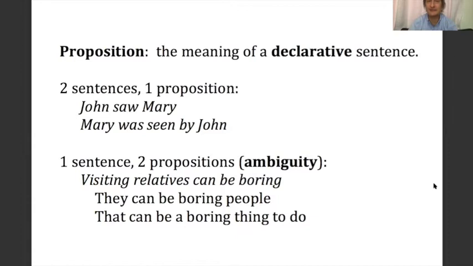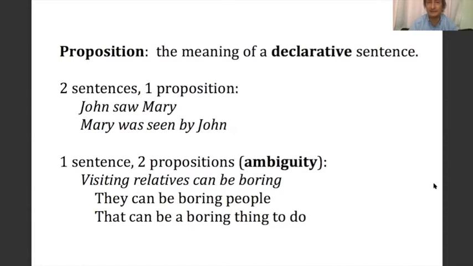They're going to be true in the same situations. They're going to be false in the same situations. So for us, we're going to take that to mean that these are two sentences that have the same proposition as their meaning.